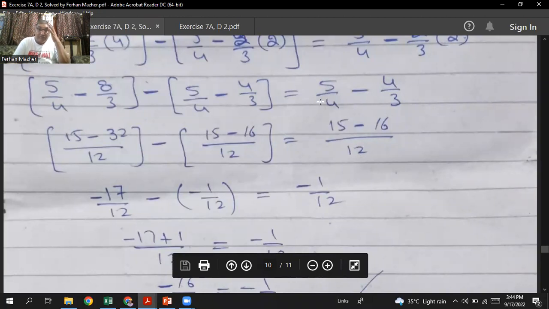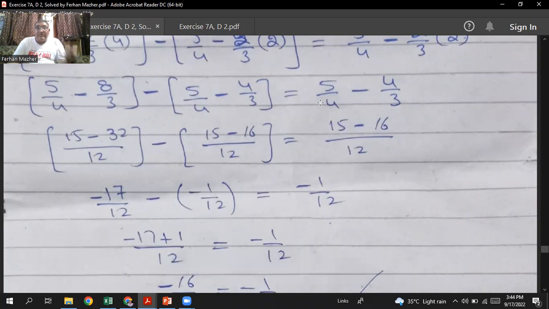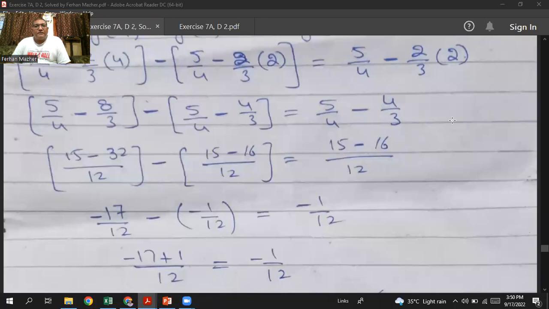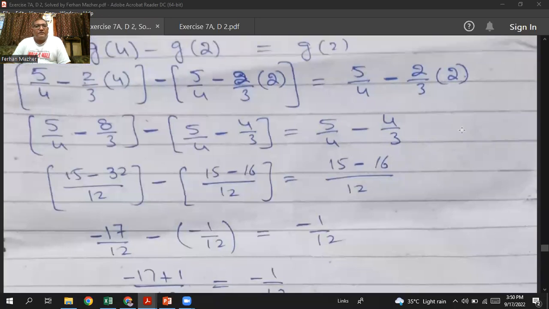12 divided by 4 will be 3, and 3 into 5 is 15. So this will become 5 by 4 minus 2 into 3 into 2.